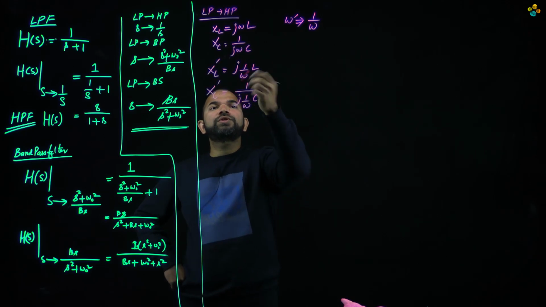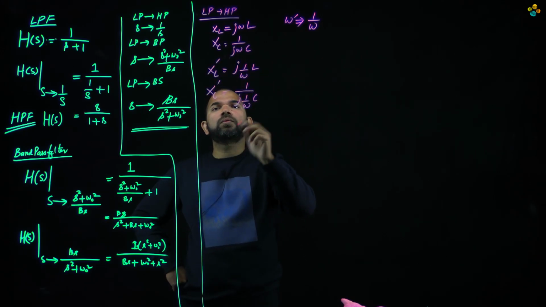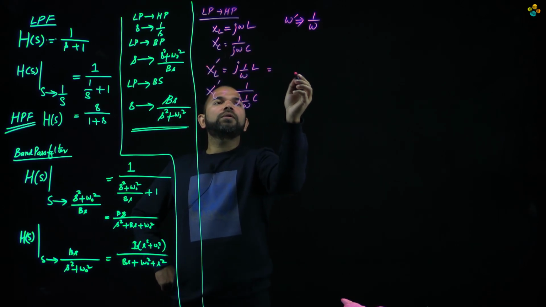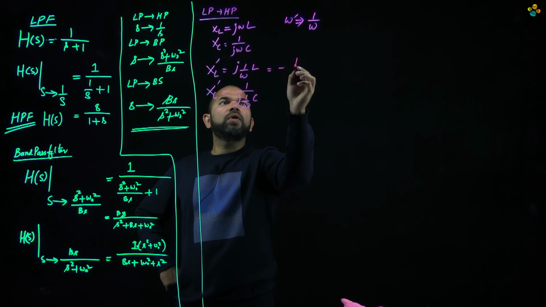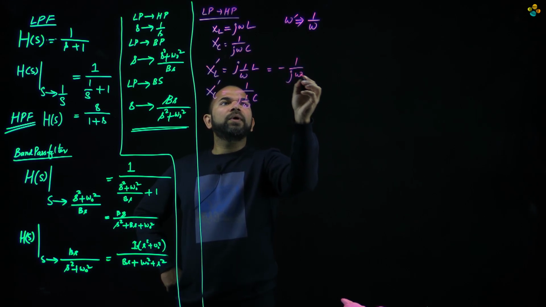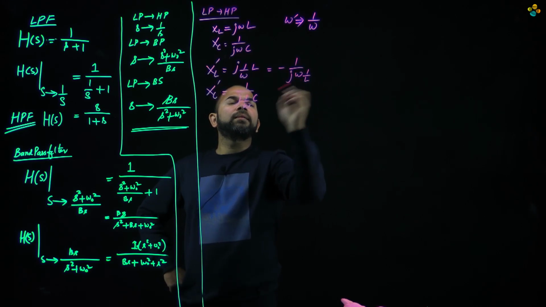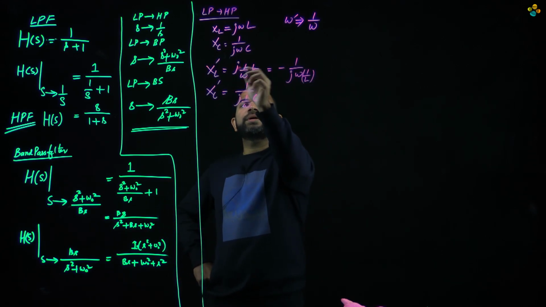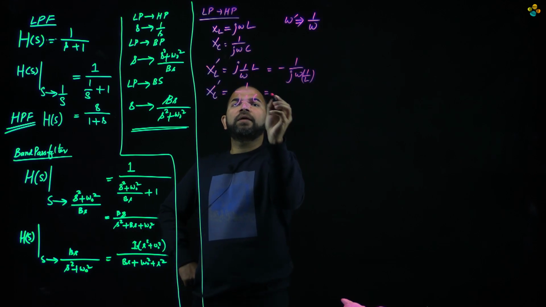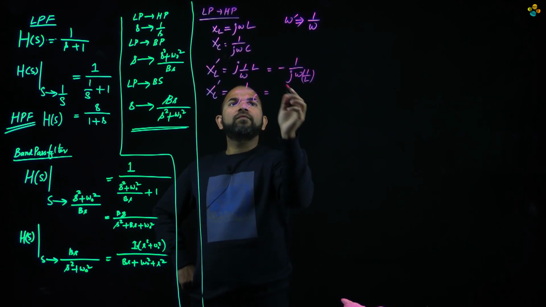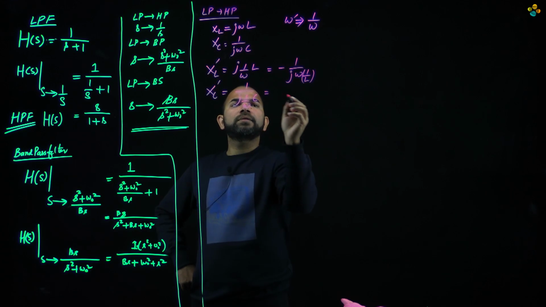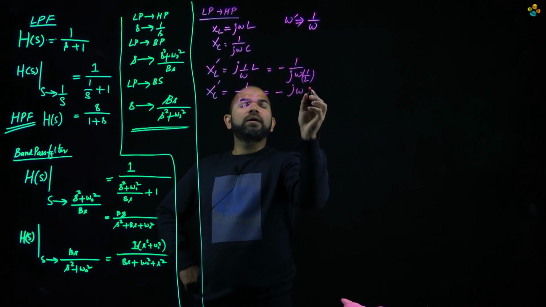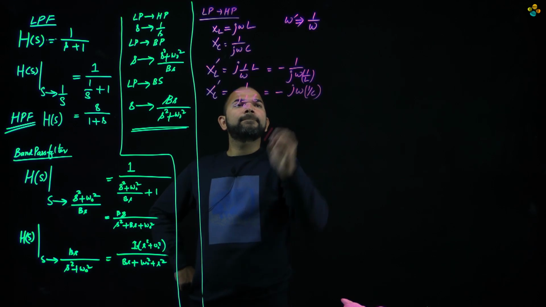So we need to change it to make it consistent. We can also write this as minus 1 over j omega 1 by L. We have multiplied by j, and for consistency, we can write this as minus j omega into 1 by C.